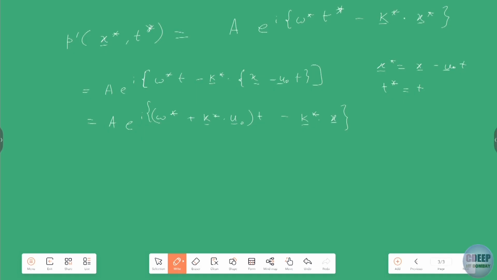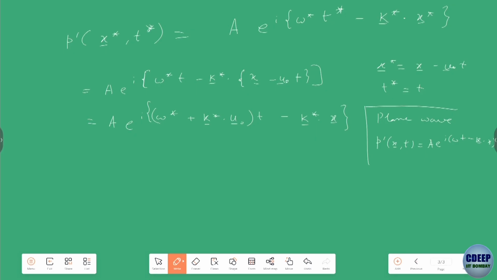So comparing with our expected solution for a plane wave, so recall for a plane wave in a quiescent medium, but the medium doesn't matter, the solution is what we are looking at. We found that p(x,t) is equal to A e to the power i omega t minus kappa dot x.